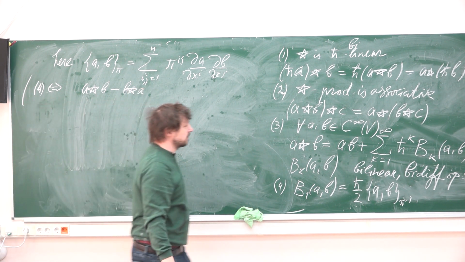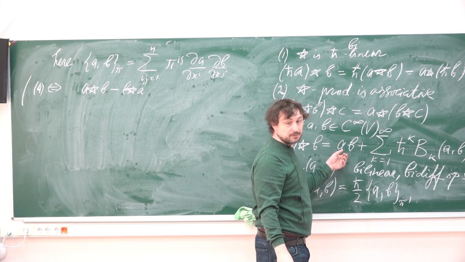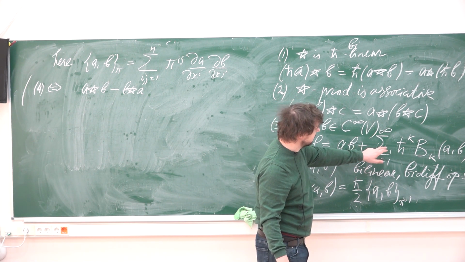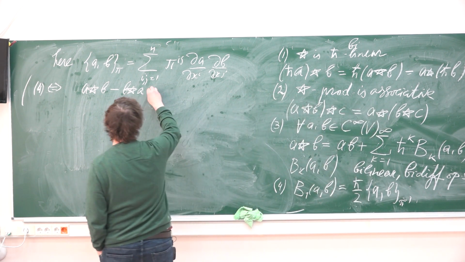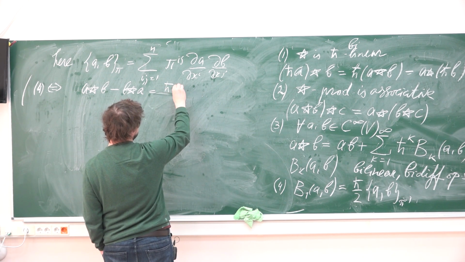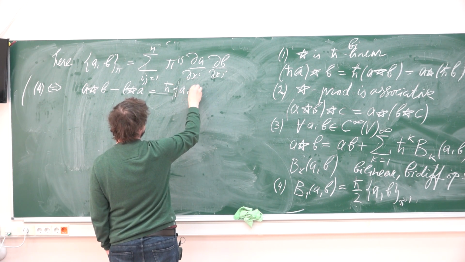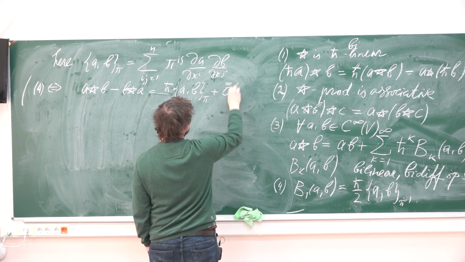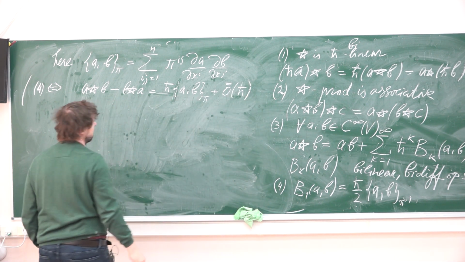If you look at it, the first term vanishes because the product of two functions is commutative. Then the second term, which corresponds to b_1, will survive, and it gives us the following expression: h bar times the Poisson bracket of A and B sub pi plus something which depends on powers higher than the first power of h bar.